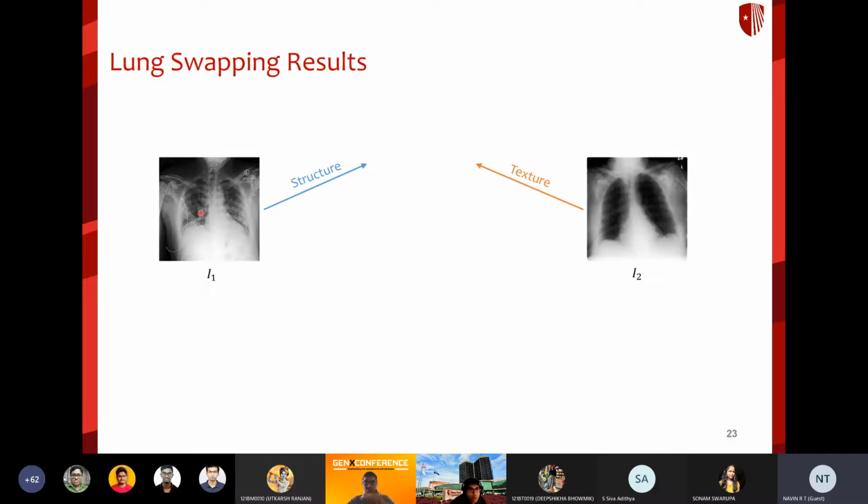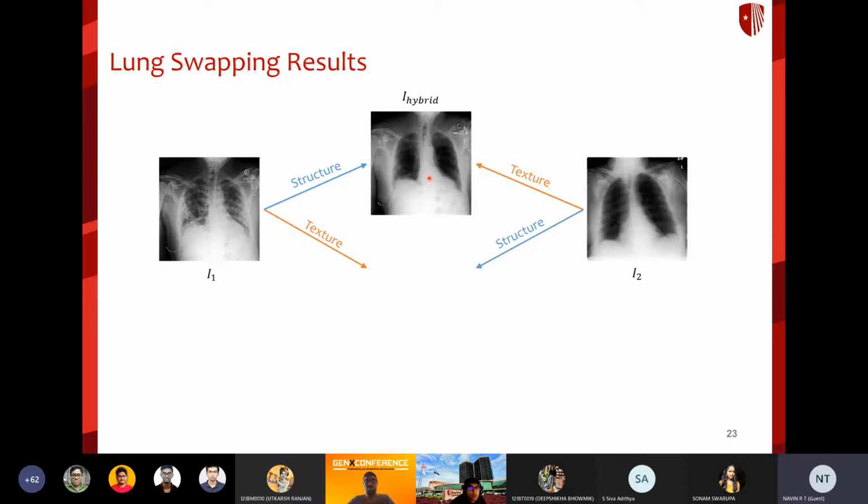However, in the first image, you can see certain infiltrates. Now, when we use our method and develop this hybrid lung image, we can see that we have clearly retained the structure from lung 1, and we have artificially introduced the texture from lung 2. So you can see how we have been able to successfully remove the disease patterns in lung 1 through the texture encoder from lung 2.